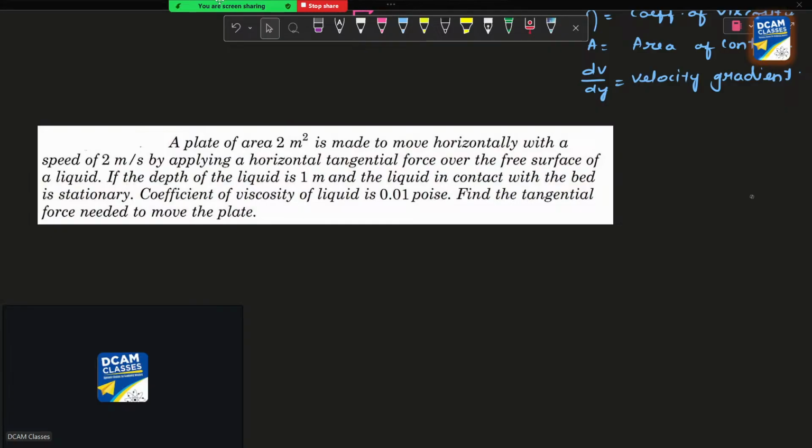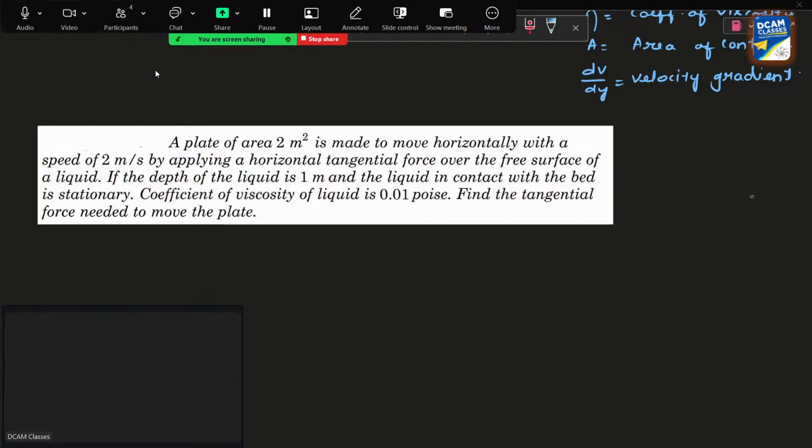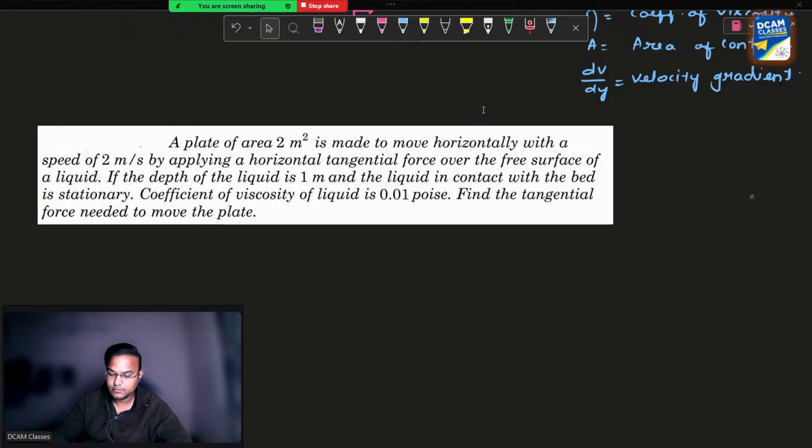They are saying the answer is 0.004, so it's 4 into 10 to the power minus 3 then. Then they have converted poise to decapoise. What's the need of converting poise to decapoise? Poise is one tenth of decapoise, which is in SI units.